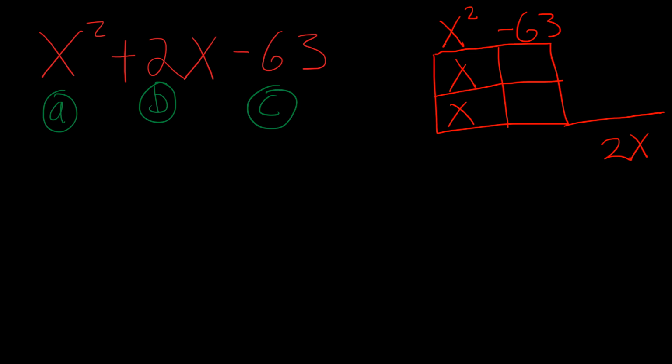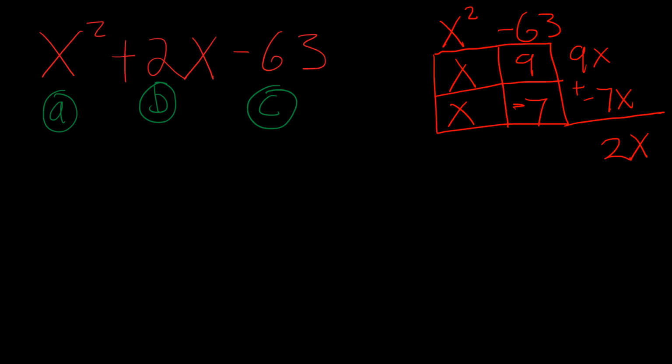What about 9 and 7? 7 times 9 is 63, and if I make the 7 negative, it will give me negative 63. And when I multiply across, I'll get 9x plus negative 7x, which does give me 2x.